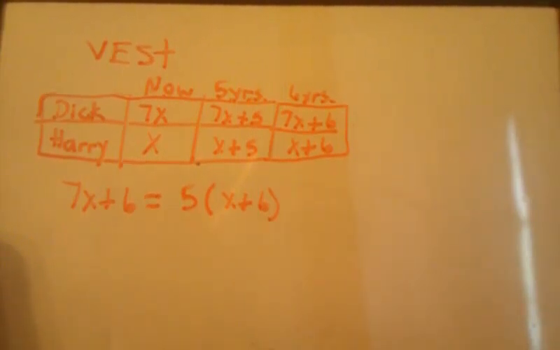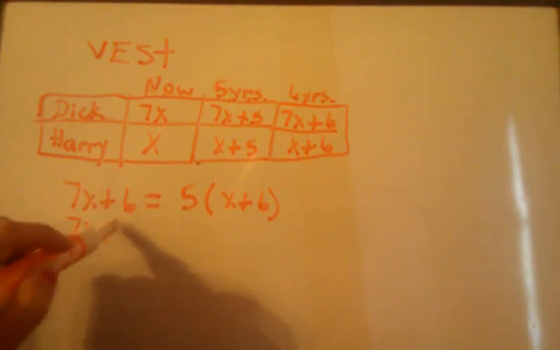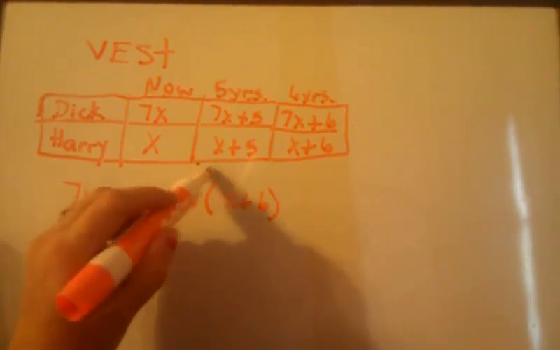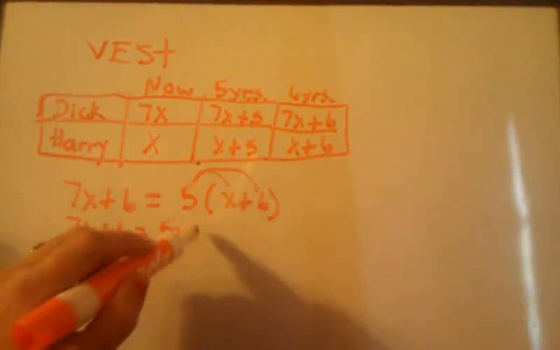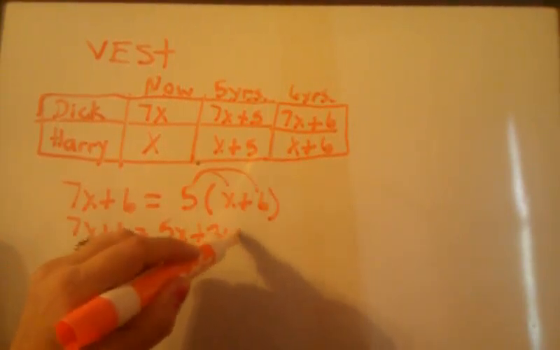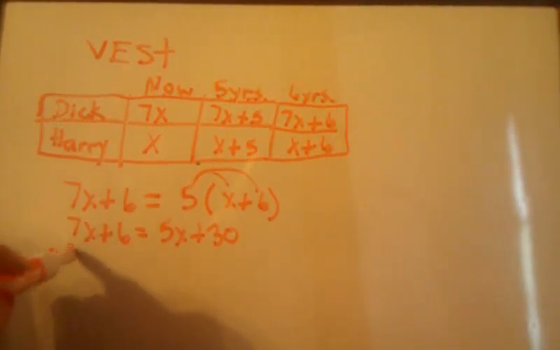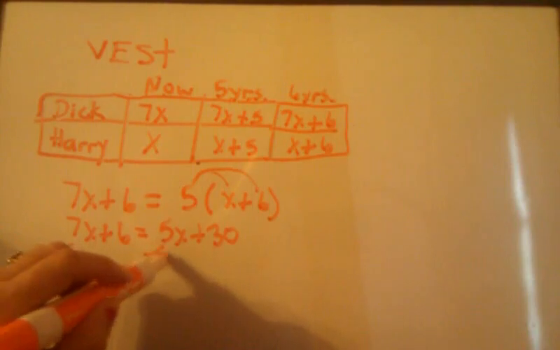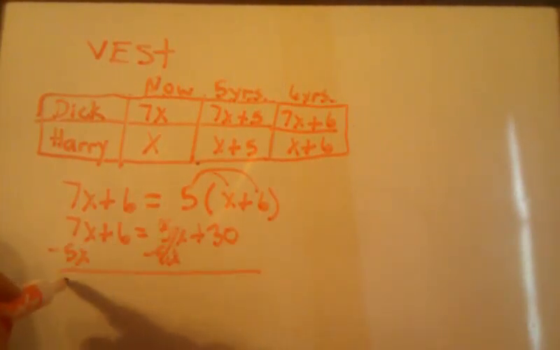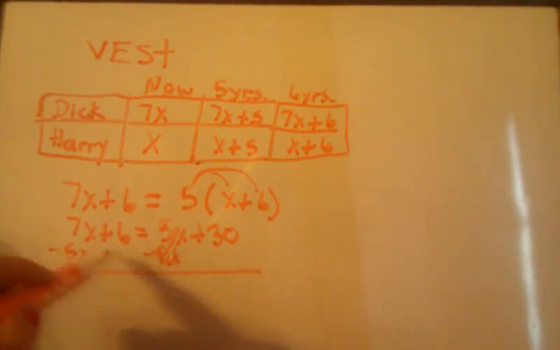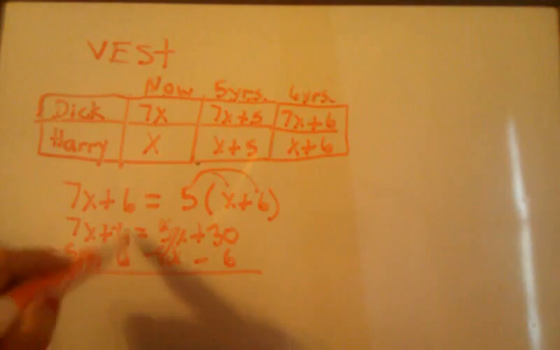Okay? Now I need to solve the problem. Get rid of the parentheses. 5X plus 30. 5X is small, so subtract 5X from both sides. Okay, so I need to subtract 6, so I have something crossed out on both sides.